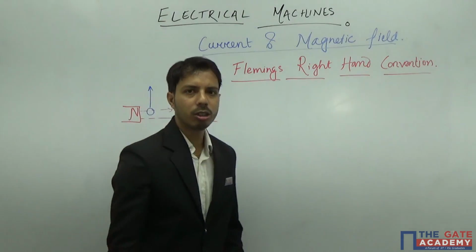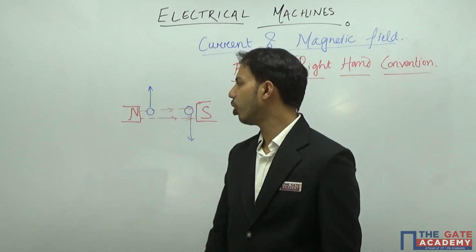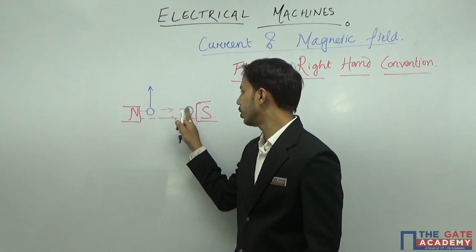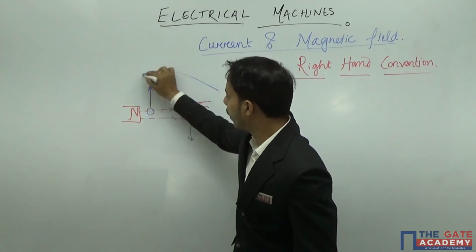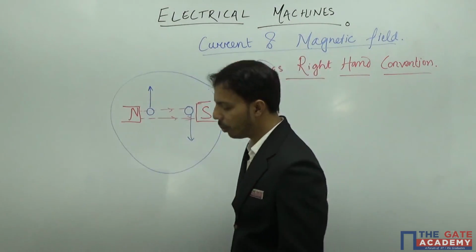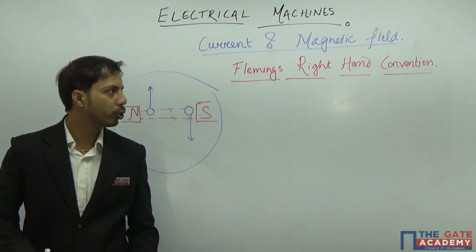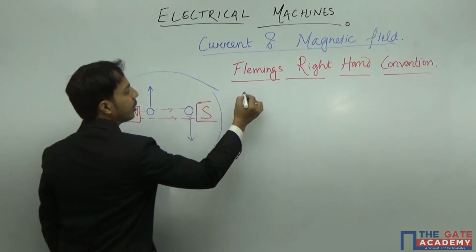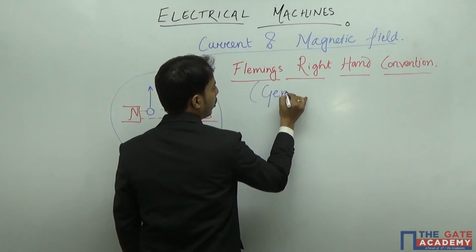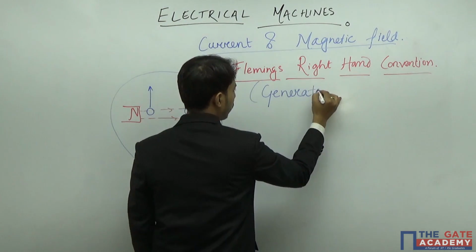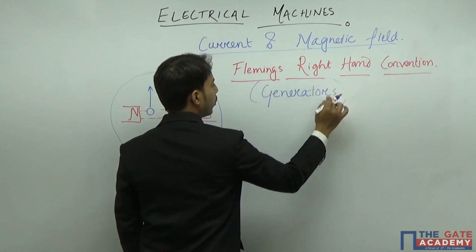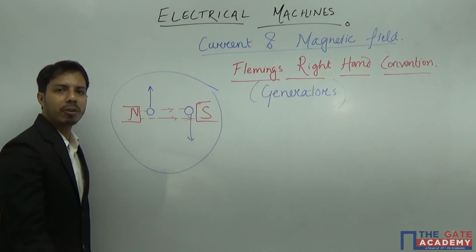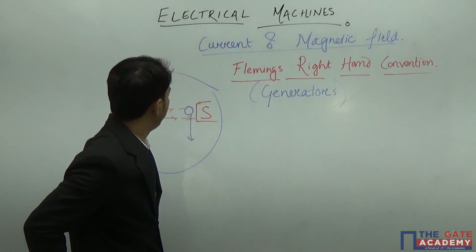What will be the direction of the EMF which is induced in this conductor? This phenomenon is nothing but the phenomenon of generators. So we use Fleming's right hand rule for generators, which you can note down.